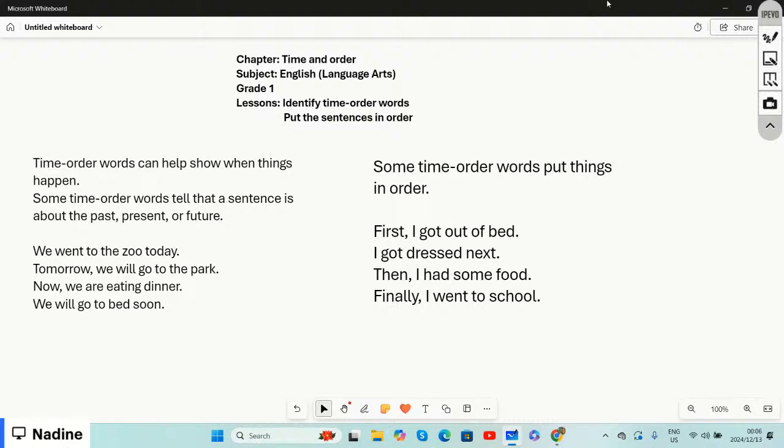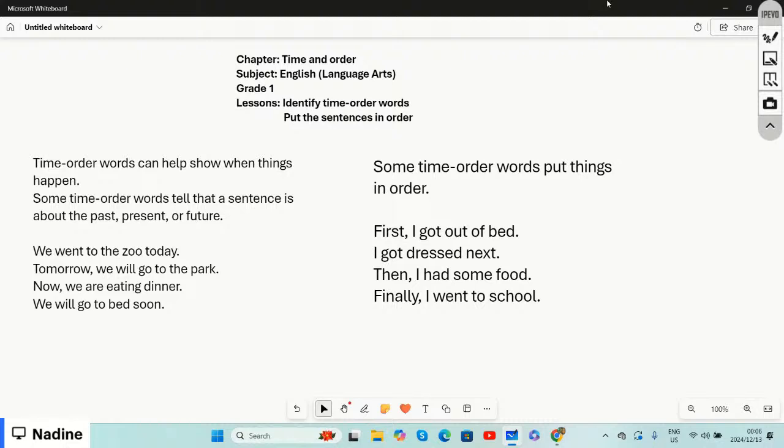All right. So when it comes to time order words, right? Time order words can help show when things happen.